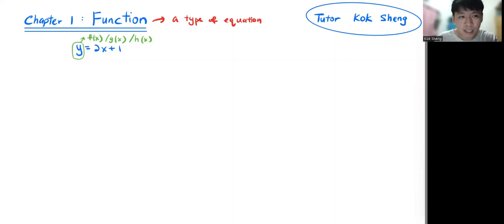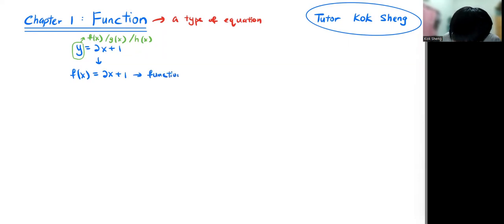Right now I'm using f(x), and we call it function f. You should be okay for this one, just to recall back for you before we start the whole thing.